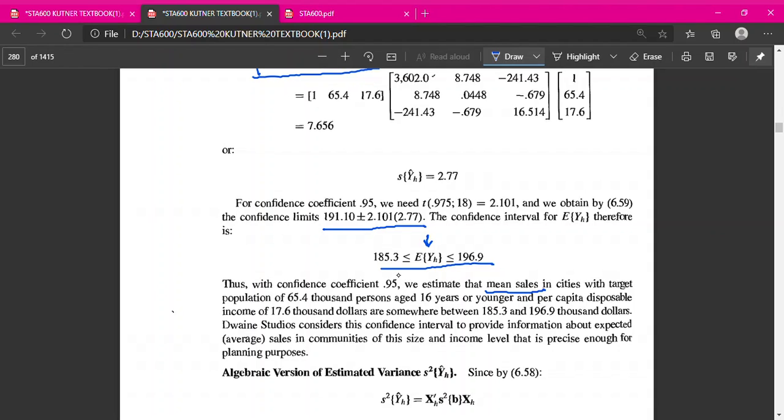Mean sales in the city with a target population, ni adalah X1, target population is 65.4 thousand persons aged 16 or younger, and per capita disposable income, which is X2, of $17.6 thousand are somewhere between $185.3 and $196.9 thousand. Okay, put the unit. Alright, so that is the way how you interpret the confidence interval for the mean response.